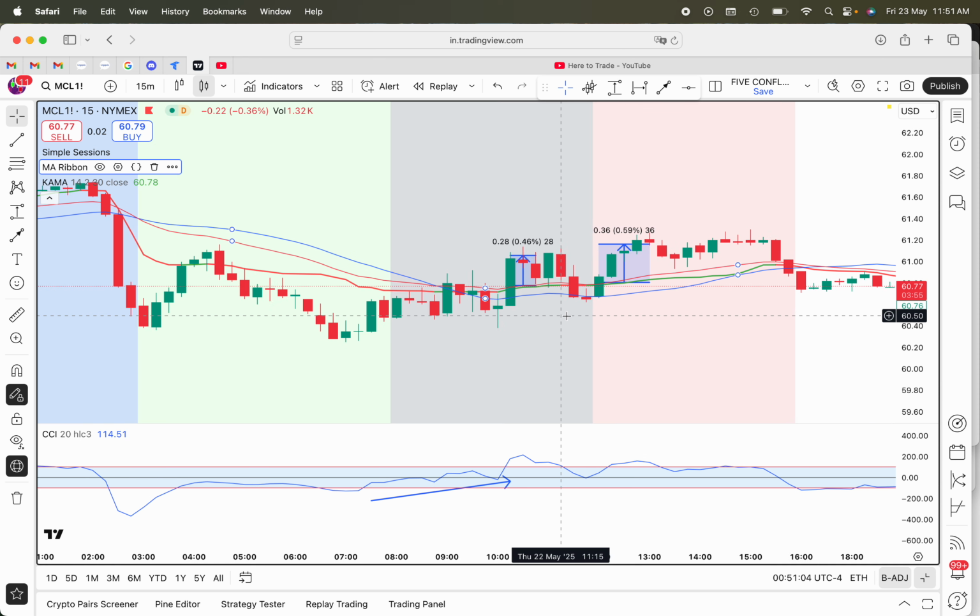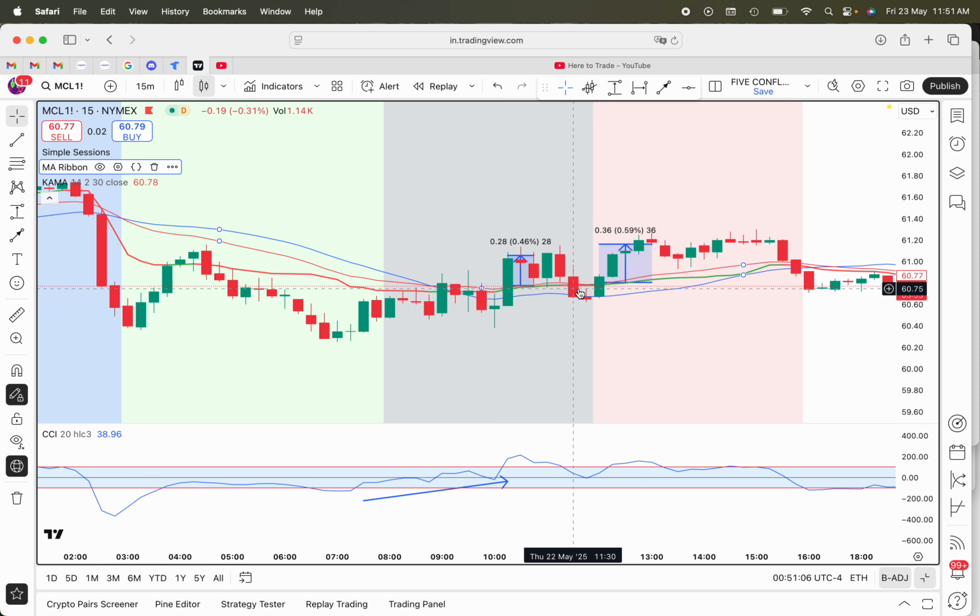But the issue I've got with the exponential moving averages right here is, let me see if I can just turn price off for a second.